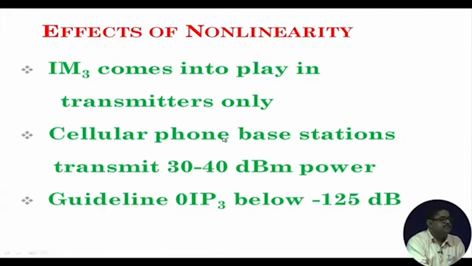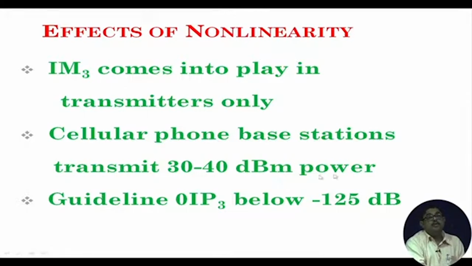Now, cellular phone base stations typically transmit 30 to 40 dBm power. So, there is a chance of nonlinearity, because at these levels you cannot say it is a small signal level. For the GSM standard, the guideline for OIP3 is that you should have your output intercept point below minus 125 dB.